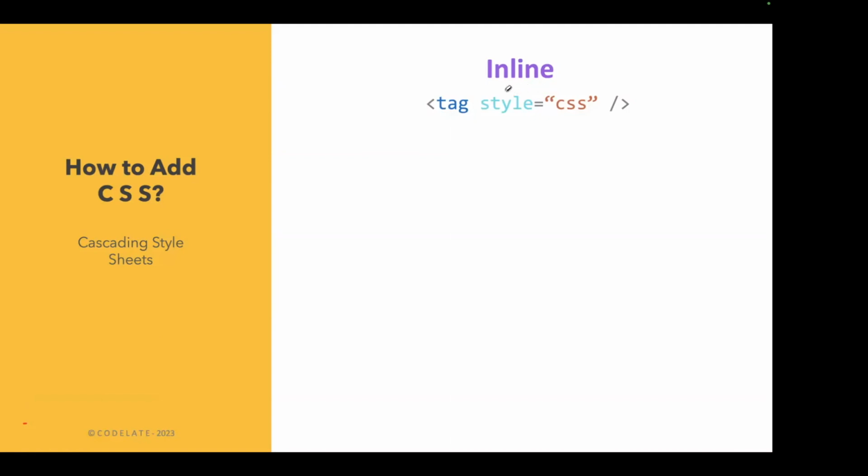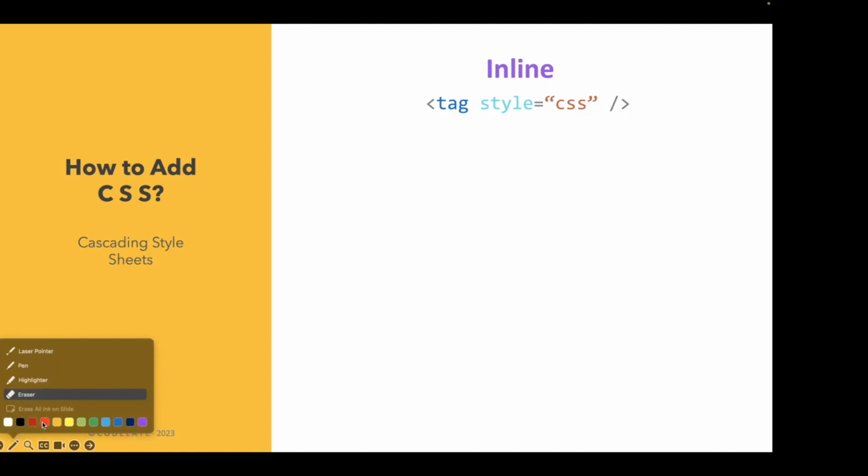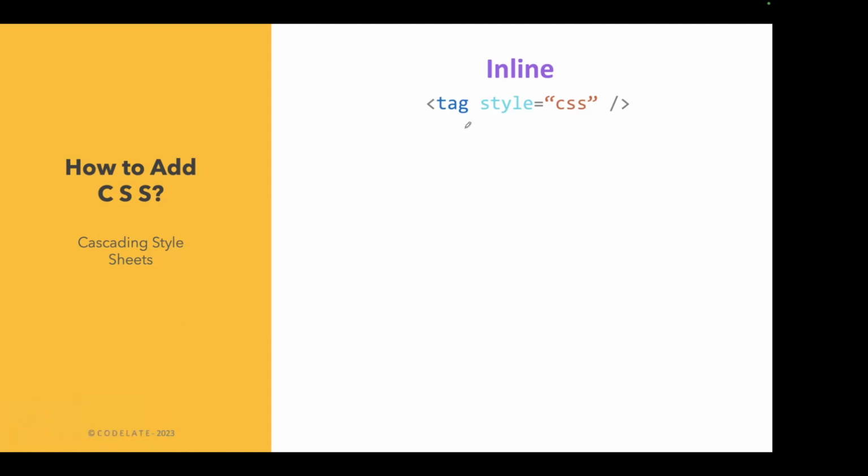So one of the methods we use to add CSS to our file is called an inline style. Now, what does inline style mean? It means every CSS you're going to be writing, for example, maybe you just have a single line of code that you just want to add a style to. Of course, you can do that by the inline method. So you're going to have your tag, let's say maybe it's an H1 tag, or whatever kind of tag you have.